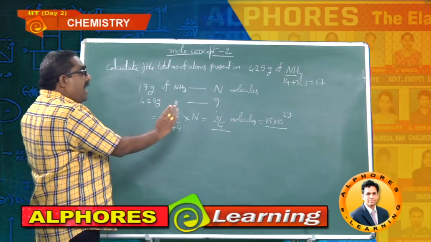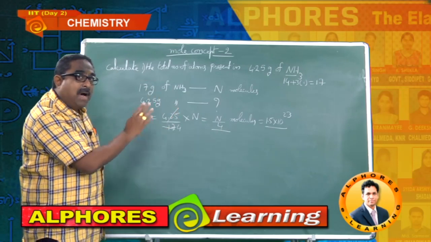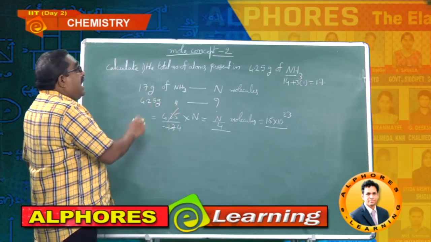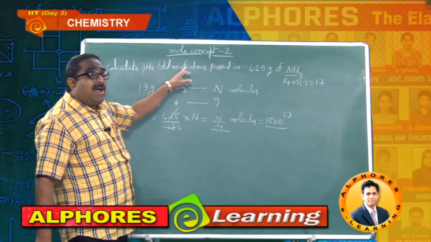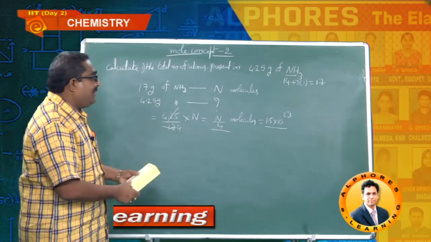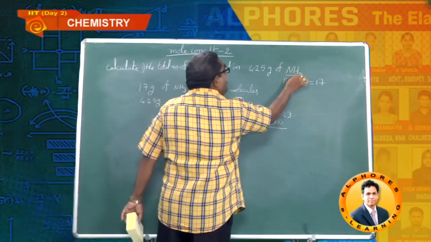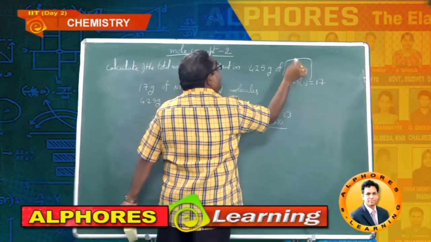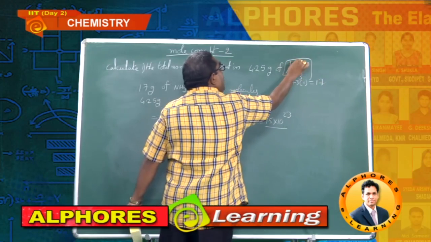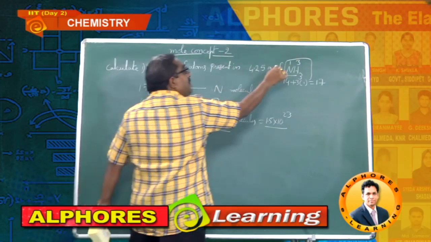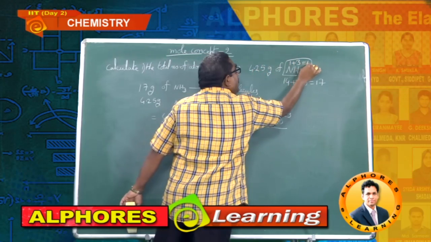Now I got the molecules. But here I am asking number of atoms but not molecules. Yes, once again I am going to calculate atomicity of ammonia from here. 1 nitrogen atom and 3 hydrogen atoms. 1 plus 3 total it is 4.